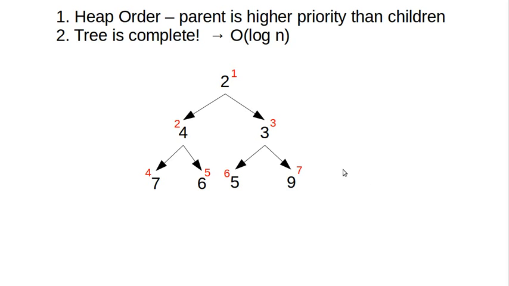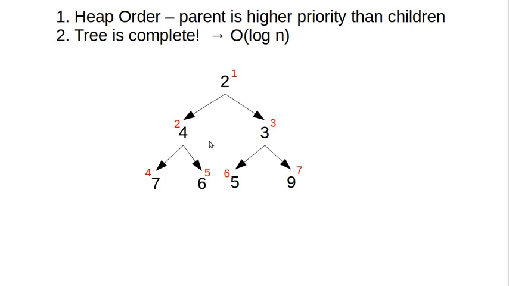And it turns out that the pattern that we're looking for is the fact that if you take any node and its left child, you'll see that the difference between their numbers is a factor of 2. So 1 to 2, 2 to 4, 3 to 6. If you go with the right child, it's a factor of 2 plus 1, which means that if you pick any node in the entire tree, given this index, you can find the index of its parent by doing integer division by 2, because 5 divided by 2, we throw away the remainder, and we just get 2. 4 divided by 2 is obviously 2.